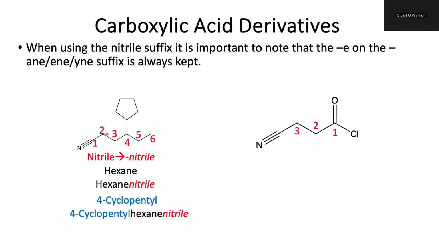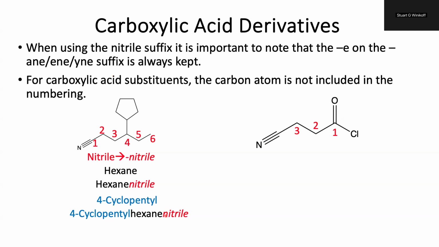And again, almost all of these carboxylic acid derivatives are terminal, so we're going to be dropping that numbering scheme quite frequently. Now, one of the things to watch out for is that whenever you're dealing with any of these carboxylic acid derivatives, that carbon atom is not going to be included in the numbering when it's a substituent.